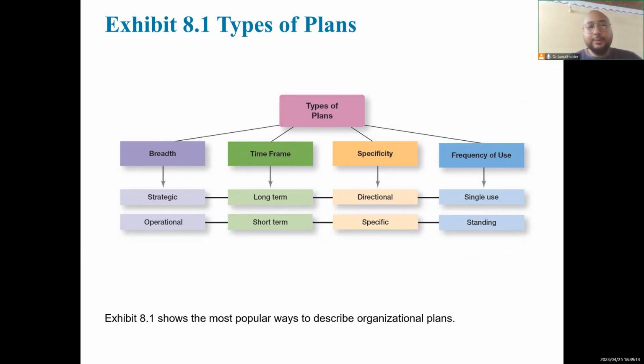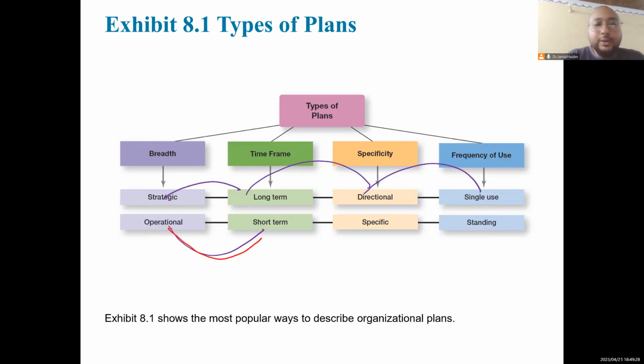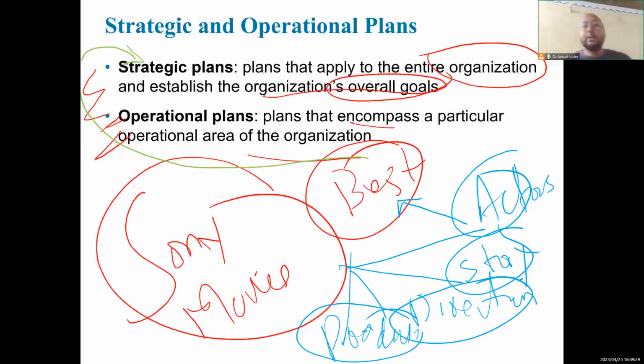So strategic goals are long term, directional, single use. Operational goals are short term, specific, standing. I forgot to explain that in this figure, so I just explained it here.